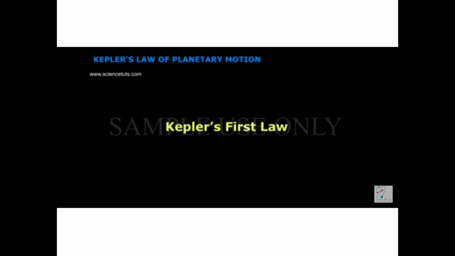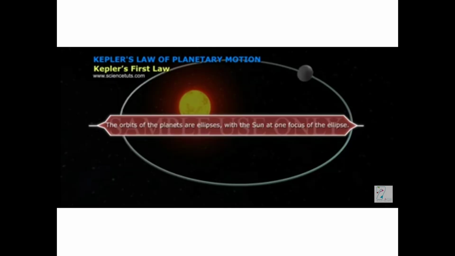There are three of Kepler's laws. Kepler's first law, the law of orbits. According to Kepler's first law, all the planets revolve around the Sun in elliptical orbits, having the Sun at one of the foci.